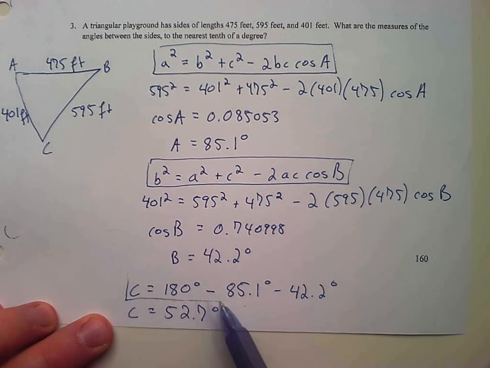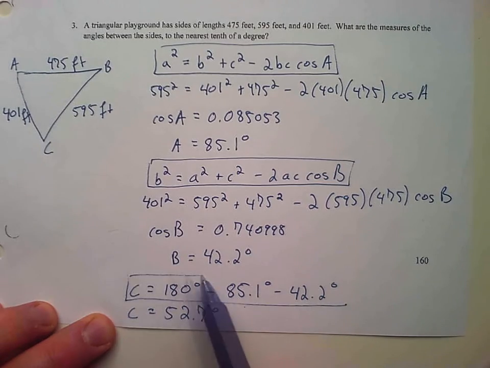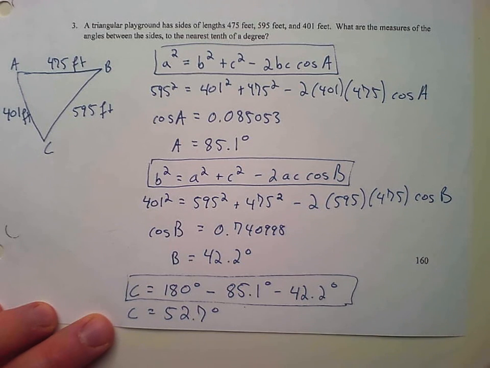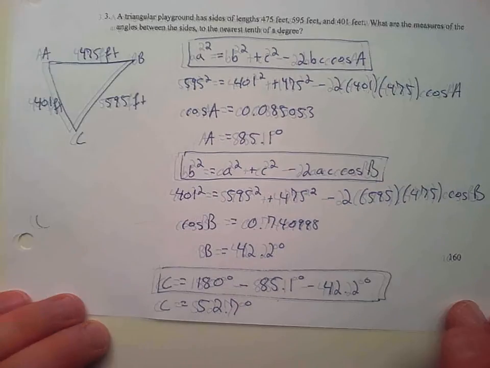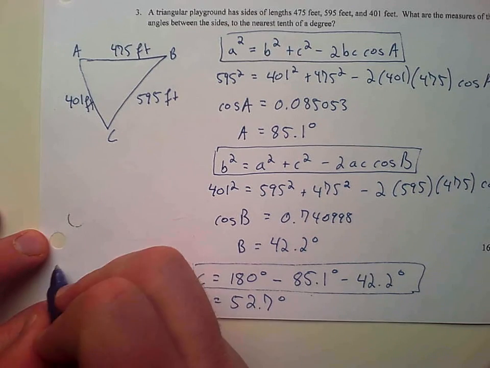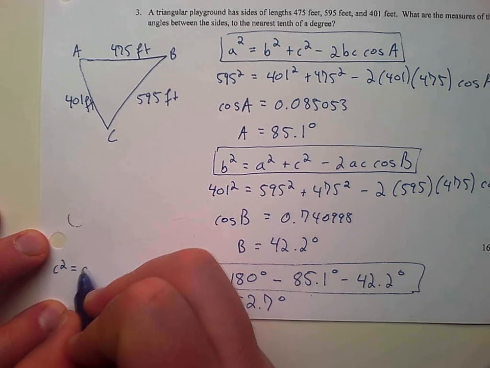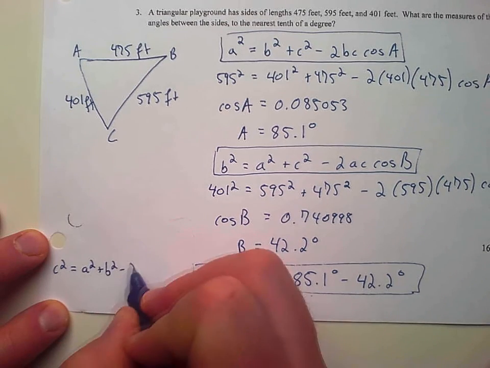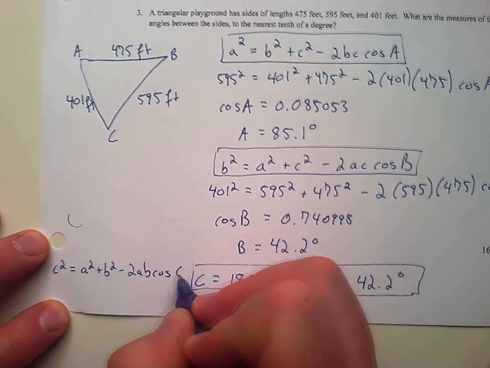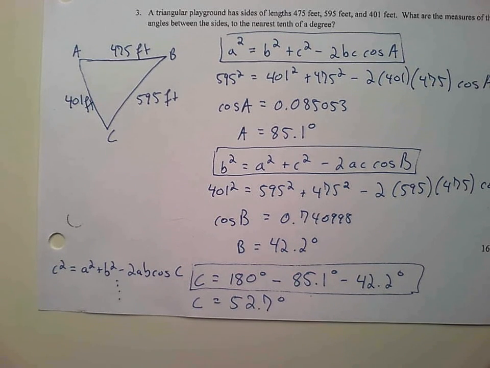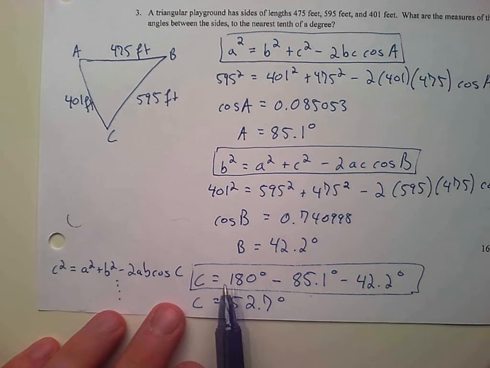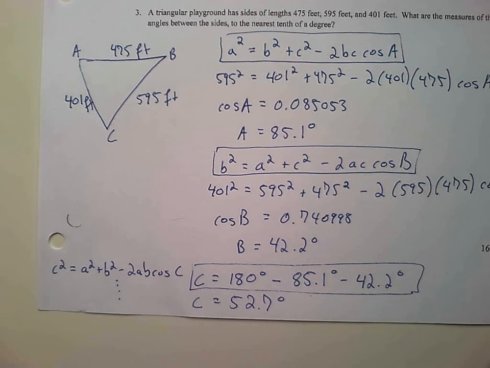Since finding that third angle, while we most certainly could have also done, in order to find C, we definitely could also do C squared is equal to A squared plus B squared minus 2AB cosine of C, and we could have done all of those steps as well. We would still end up with the exact same solution, but I think all of us will agree that this right here is much less arithmetic to do.